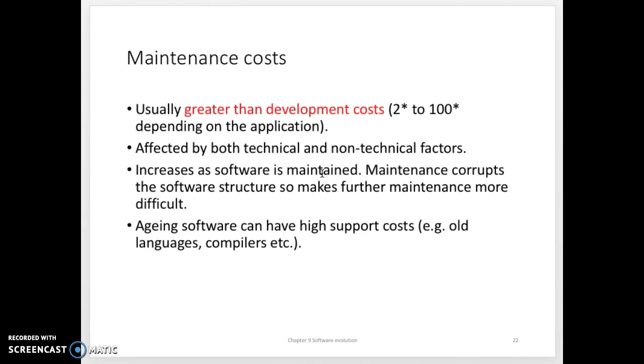This means the more we maintain software, the more the maintenance cost increases at the next stage, as maintenance corrupts the software structure and makes further maintenance more difficult. Aging software can have high support cost, because it uses old languages, so expertise in that language becomes difficult, and so on.